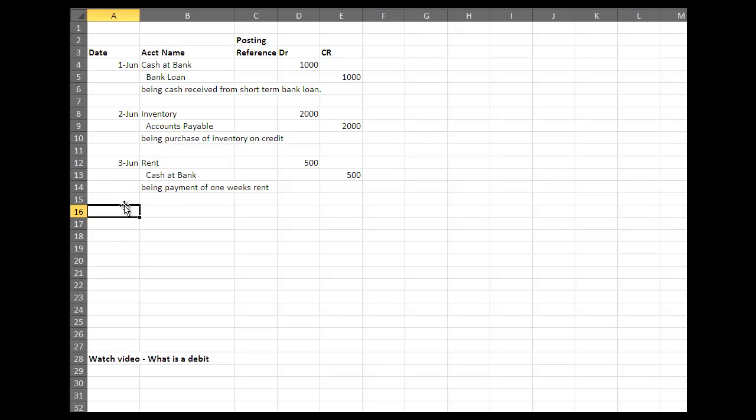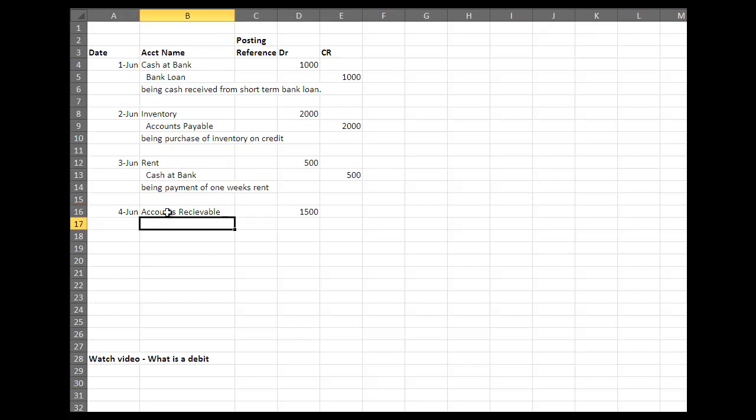Right, on the 4th of June, we made a credit sale of $1,500. So, is there a debit here? Right, credit sale, is there an asset that increases? Yes, accounts receivable. We've made a credit sale, so people now owe us $1,500. That is accounts receivable, $1,500.